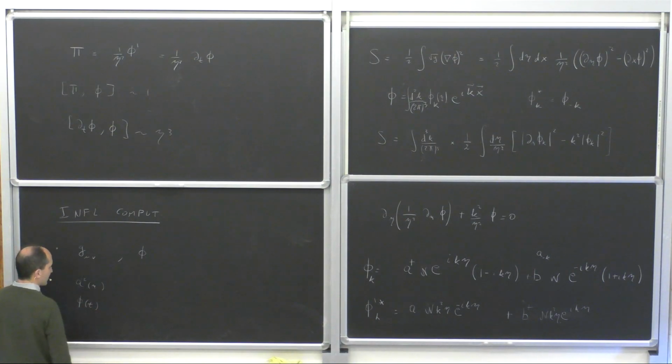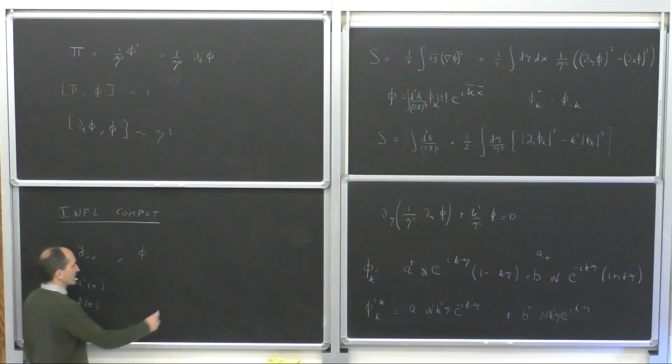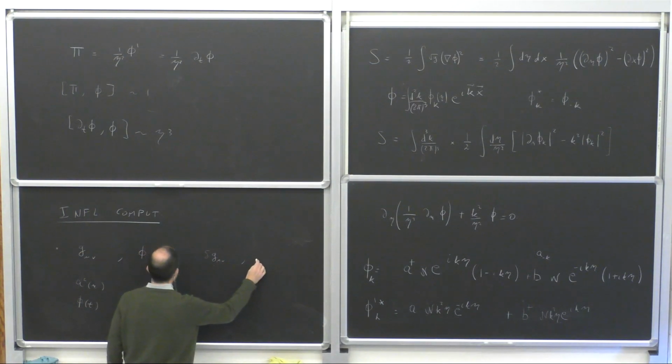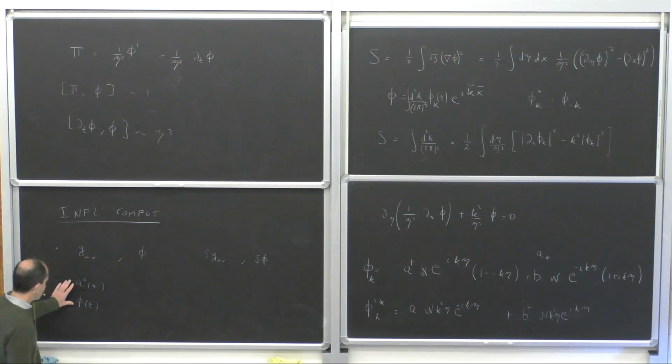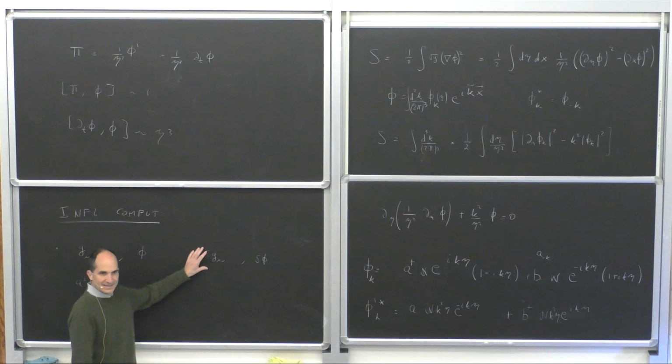Then we're going to expand the metric and the scalar around these background solutions. So we'll have some delta g_mu nu, and delta phi. The background quantities are independent of x. The perturbations will depend on x and time. Okay, that's the idea.